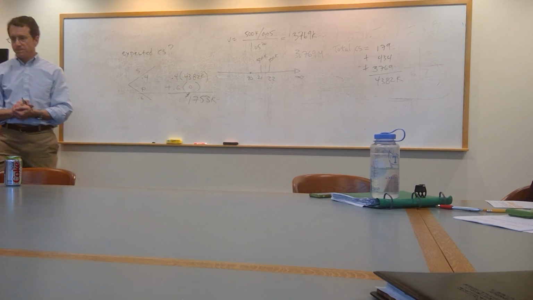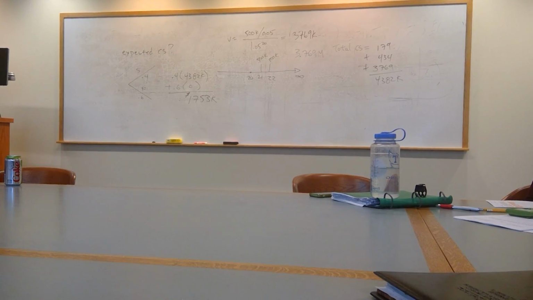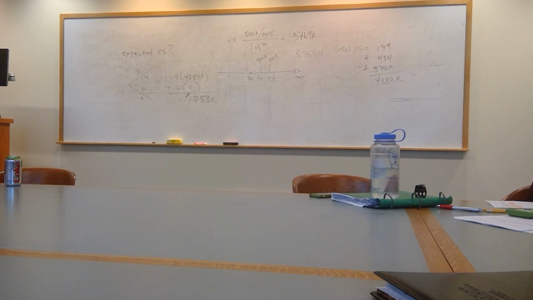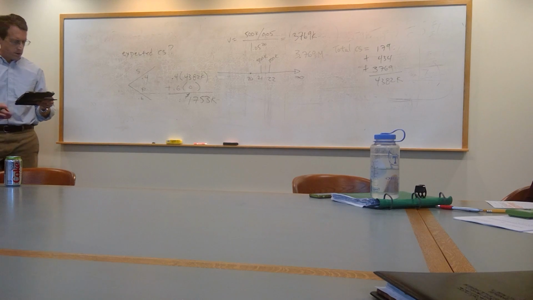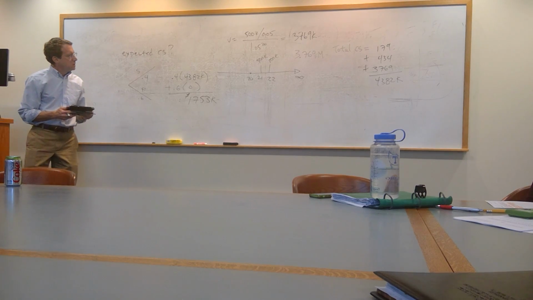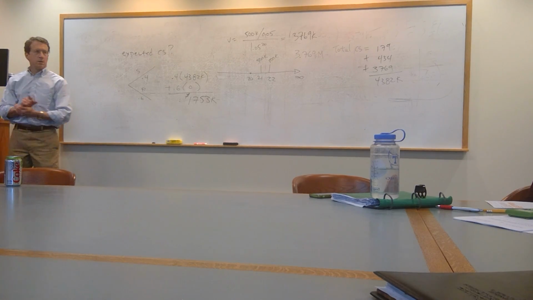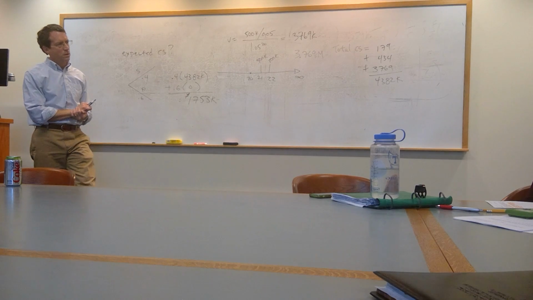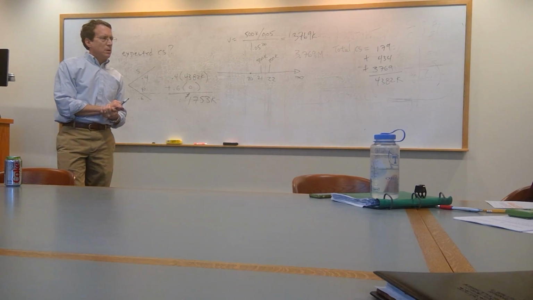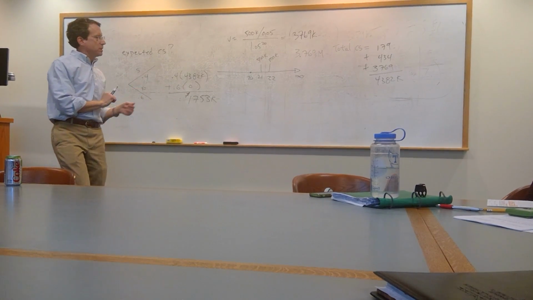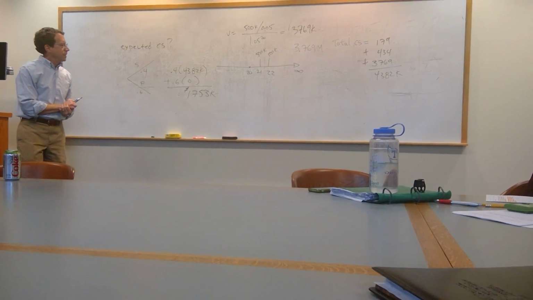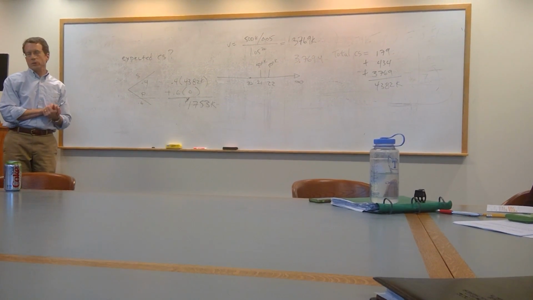So what that number is saying is that the expected value of consumer surplus is $1.7-ish million if the company makes the drug. This is the expected consumer surplus if they try the research project.